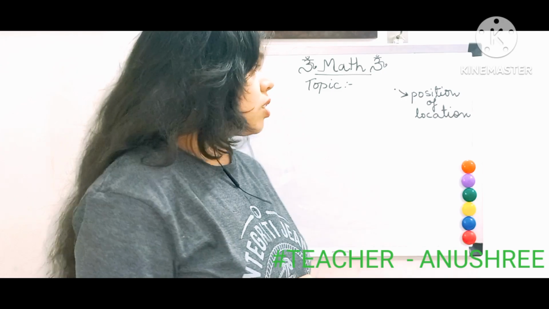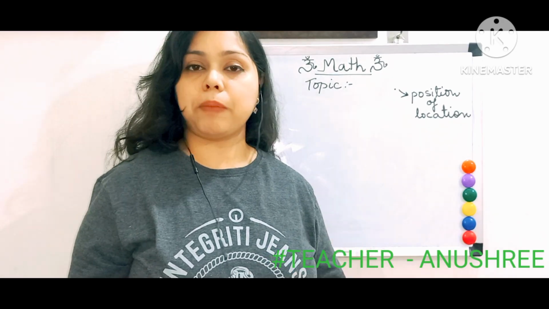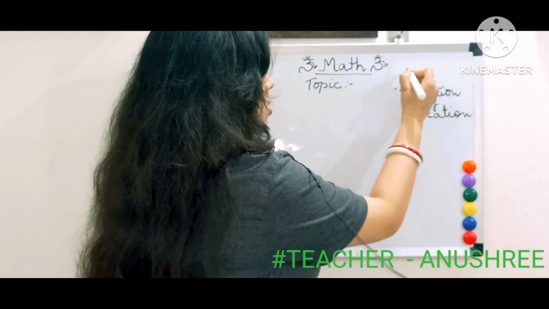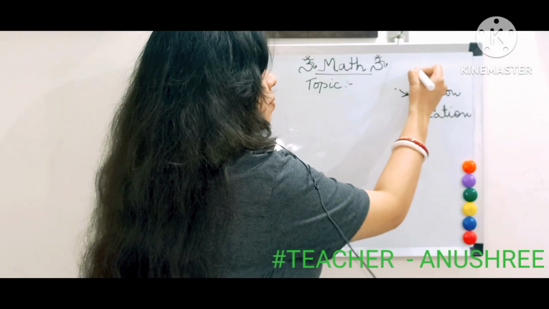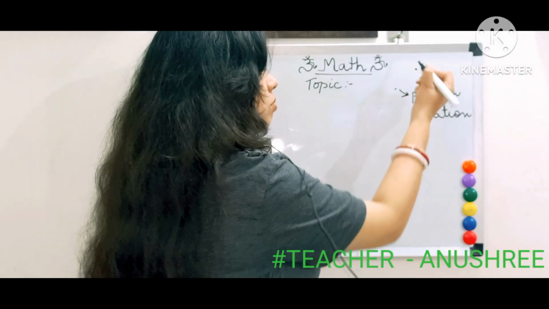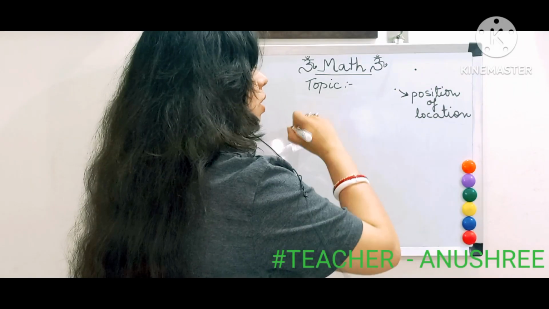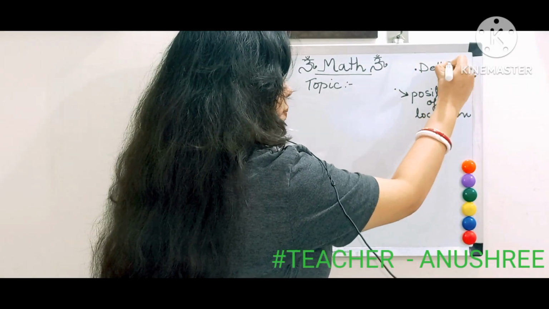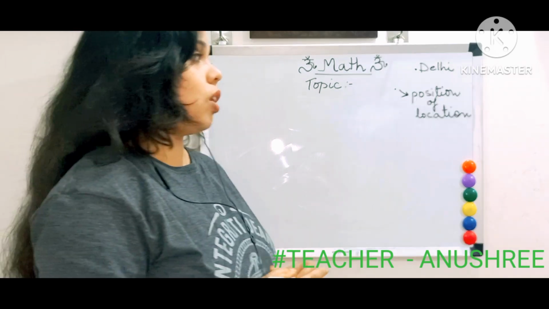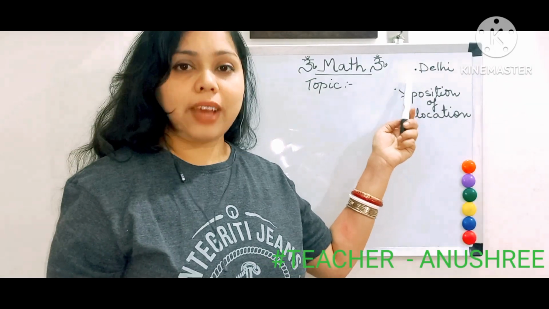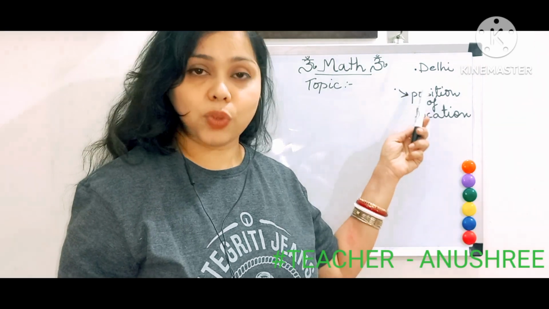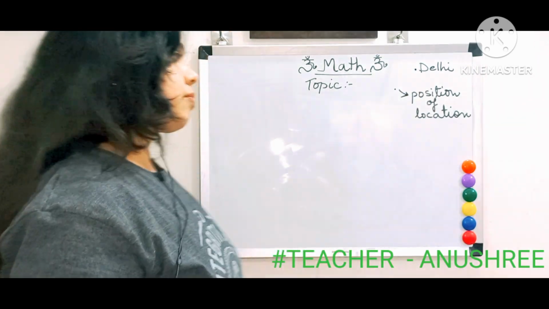Okay, also you have seen the map of India, and if I ask you where is Delhi, you will see a dot, and that dot tells you the position of Delhi. That means this dot has its own value. It tells you the precise location, right?